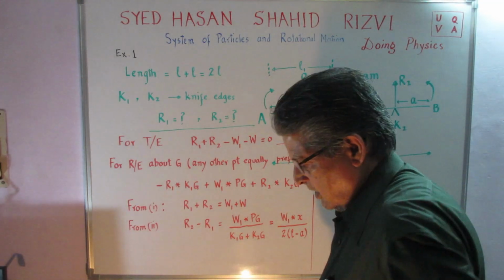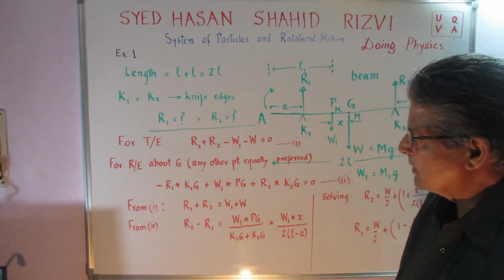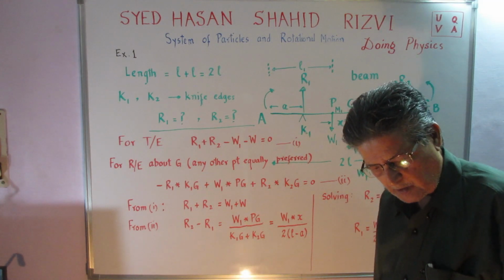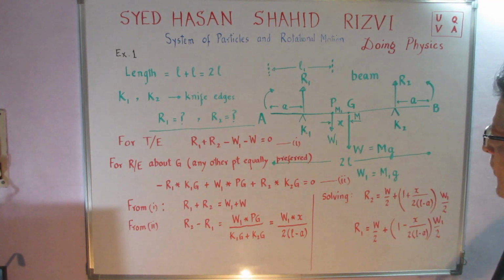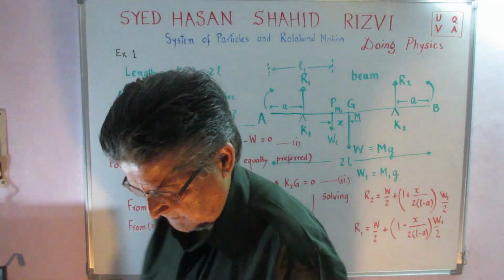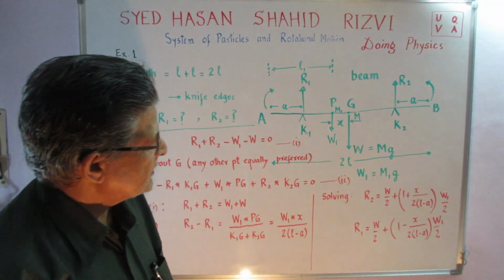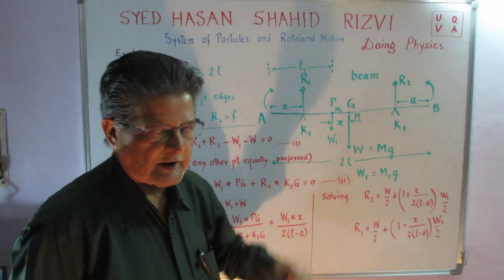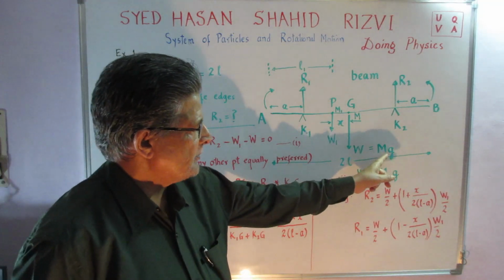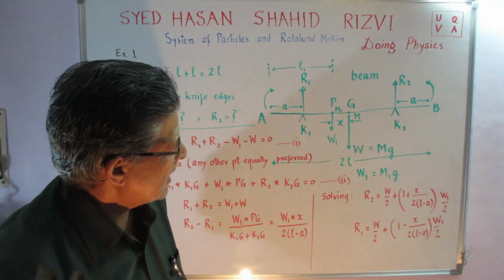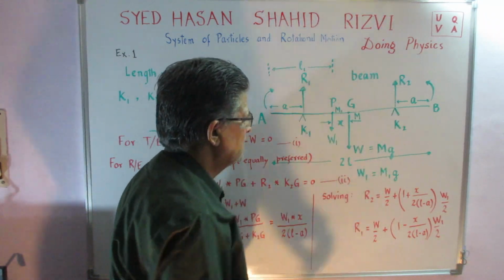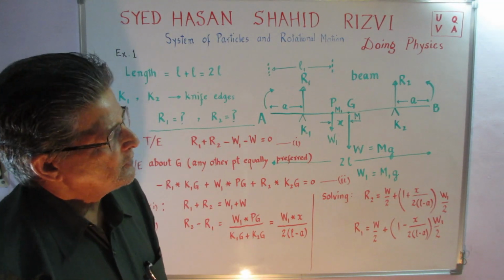I take up an otherwise simple problem, and I describe the problem in our own words. We have a beam of length AB, and this time I am not going to take the beam as massless, but rather the beam has a weight W equal to mg. This is the center of gravity, capital G, which lies between the two points A and B which comprise the beam.